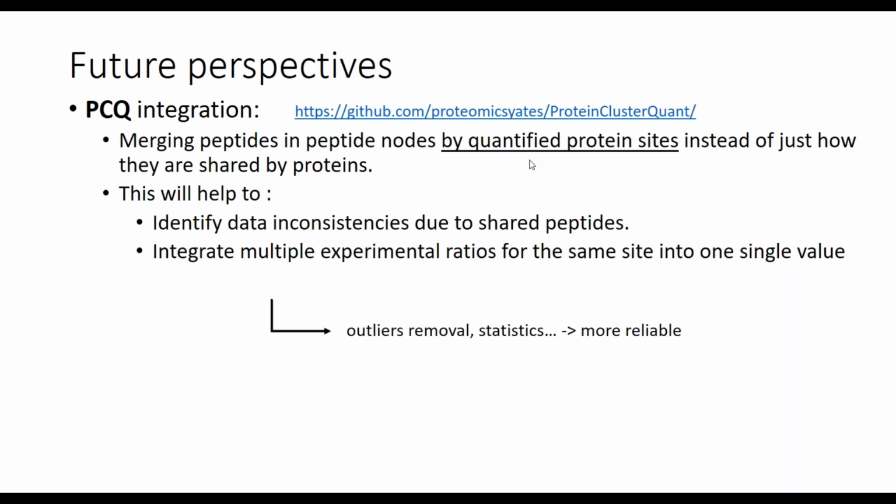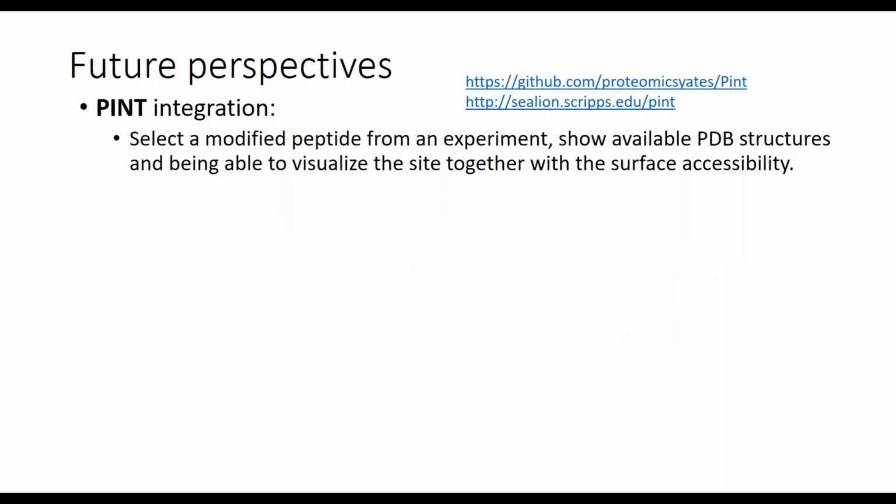So in this case, the peptide nodes will be protein sites, particular sites, instead of peptides. This will help us in this type of experiments to identify data inconsistencies due to shared peptides, and also to integrate multiple experimental ratios for the same site into one single value, which is going to allow us to perform outlier removal statistics, and therefore we're going to have more reliable data.